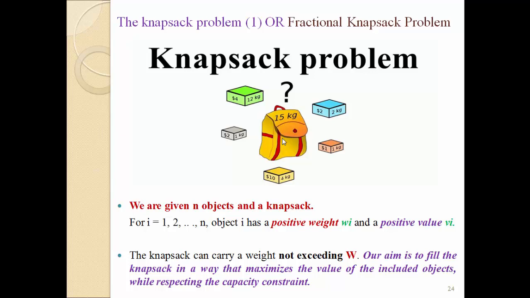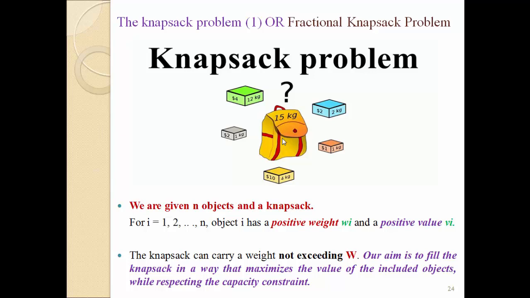Once it is 15 kilogram or more, then we have to stop. More than 15 kilogram weight we cannot store inside this bag, or we can say inside this knapsack.